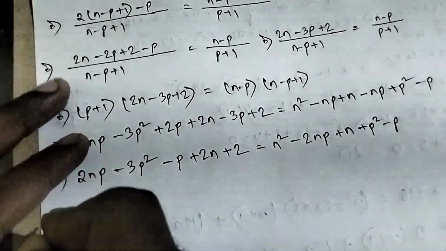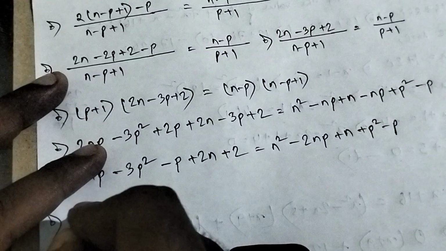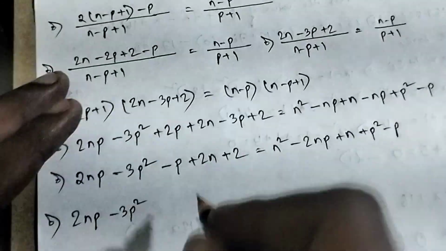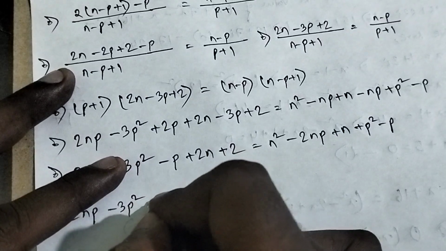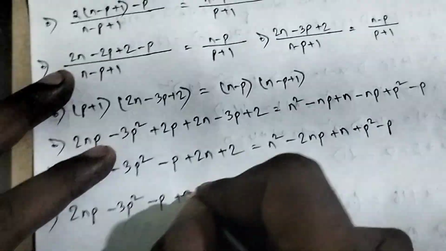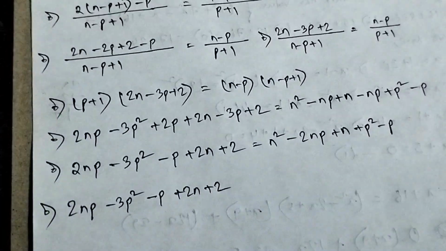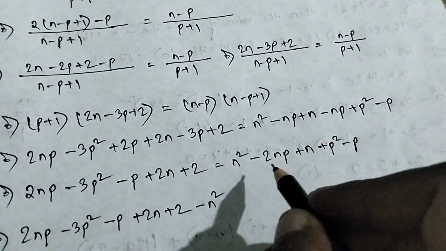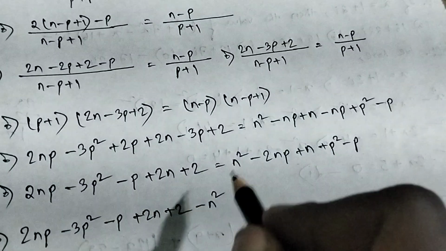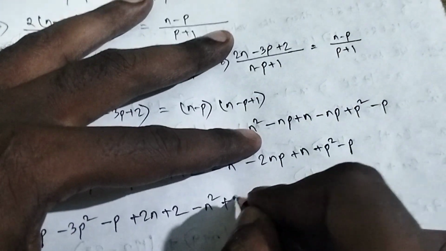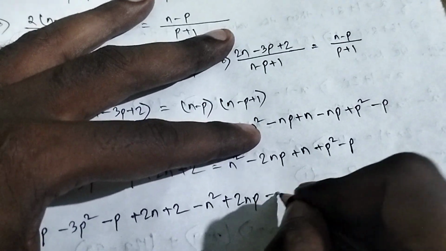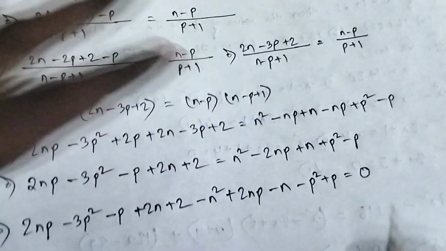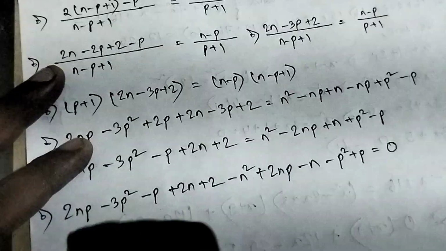Now I will bring this 2np minus 3p square minus p plus 2n plus 2, minus n square. I am taking all the terms from right hand side to left hand side, so minus n square plus 2np minus n minus p square plus p is equal to 0. Clear?